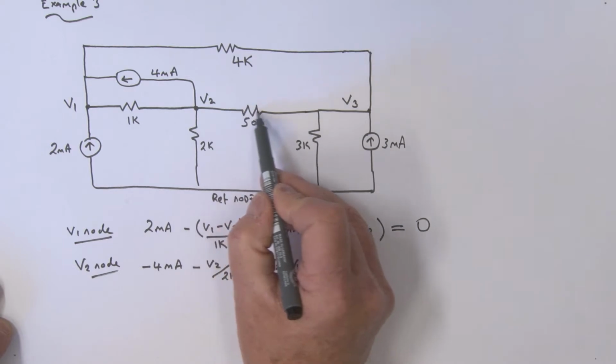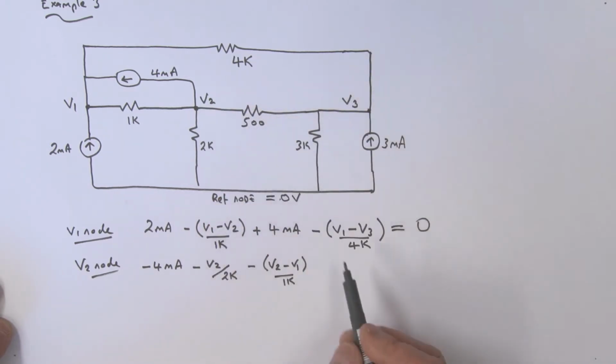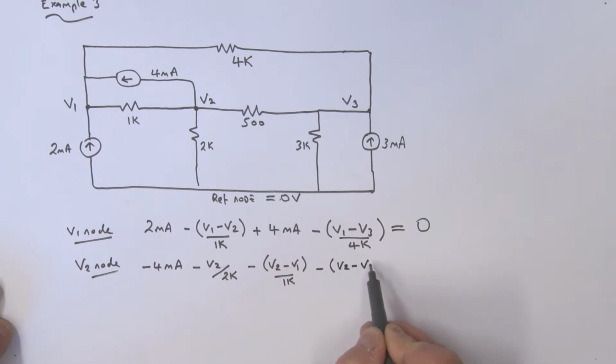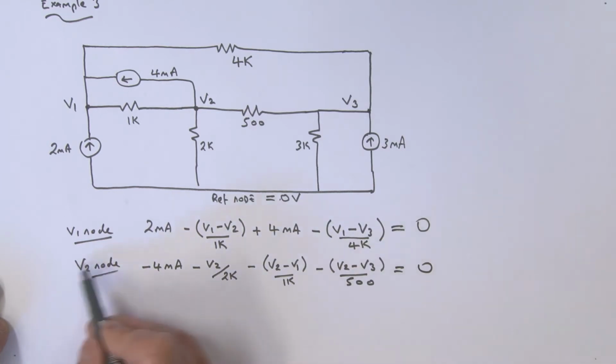And then the current going in this direction would be what? V2 minus V3 divided by 500. So that's a minus, and then it's V2 minus V3, and that's divided by the 500. And that's it, and all of that's equal to 0. So that's our second node equation.